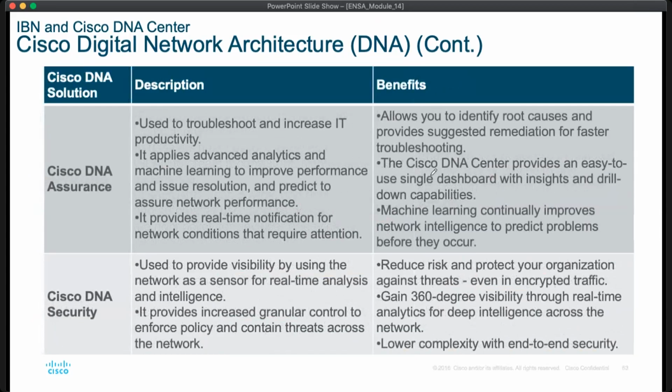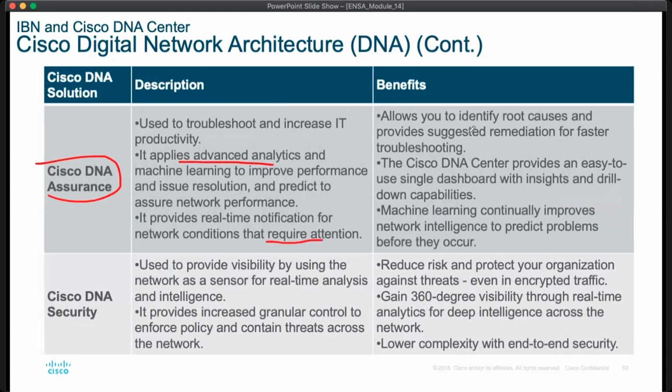And Cisco DNA Assurance is used to troubleshoot and increase IT productivity. It applies advanced analytics and machine learning to improve performance and issue resolution and to predict and ensure network performance. It provides real-time notification for network conditions that require attention.